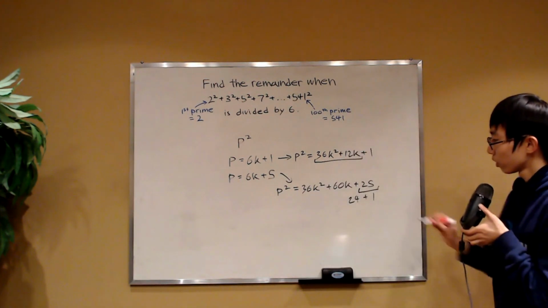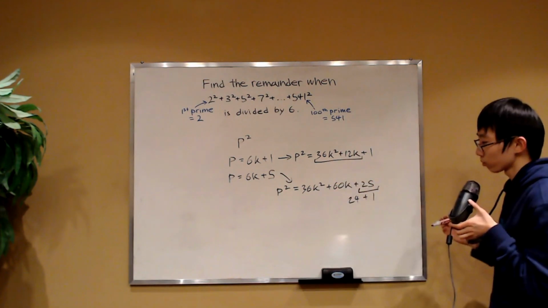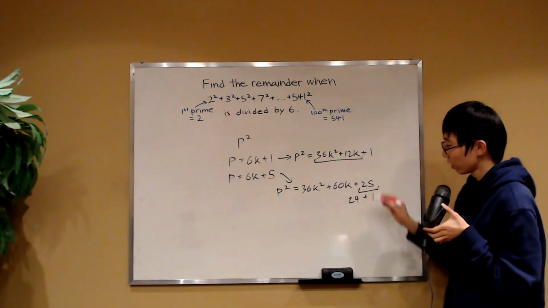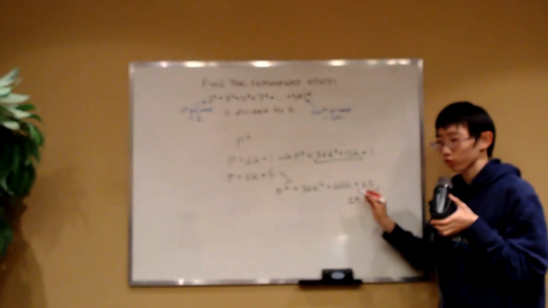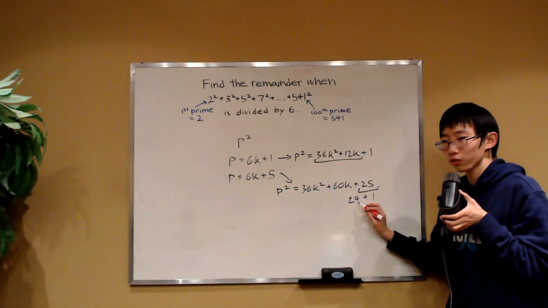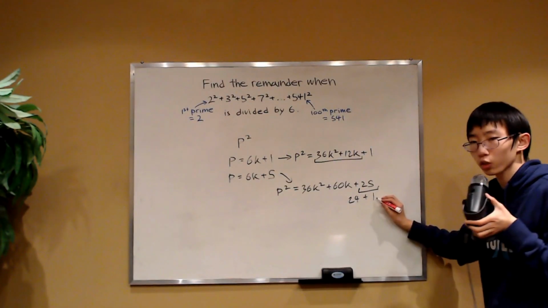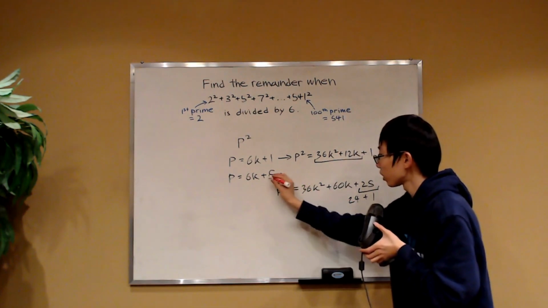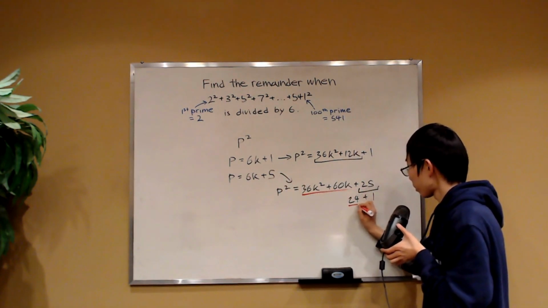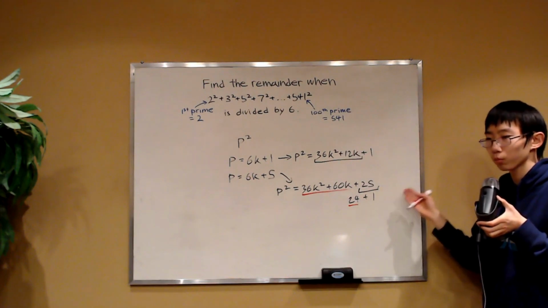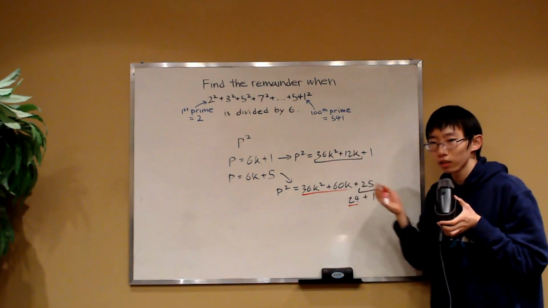Notice that 36k squared is divisible by 6. It's a multiple of 6. This 60k is also a multiple of 6. And 24 is a multiple of 6. So we just have a plus 1 here. So therefore, under this case, again, a prime number squared is a multiple of 6 plus 1.